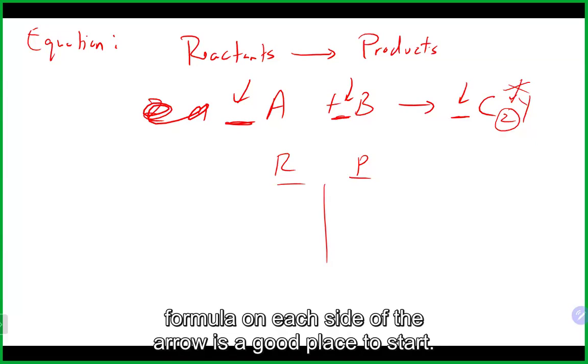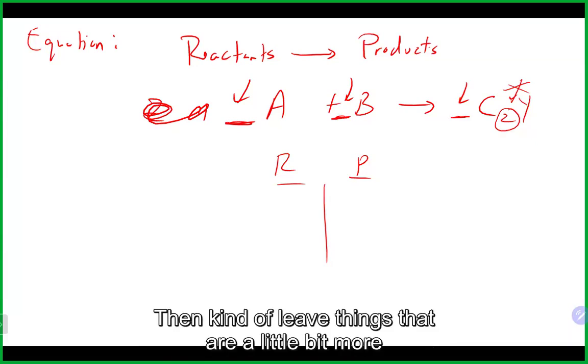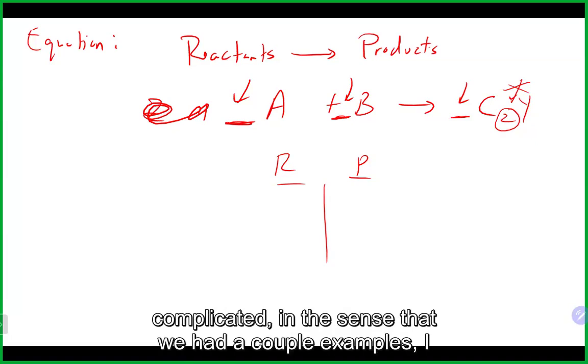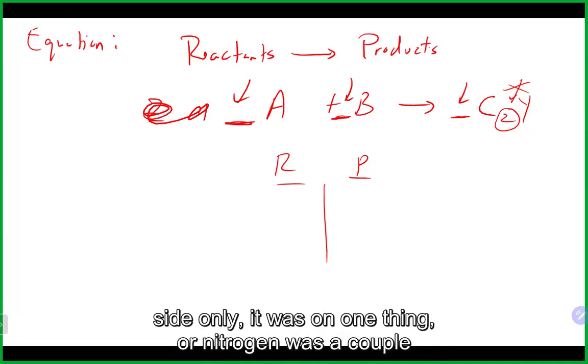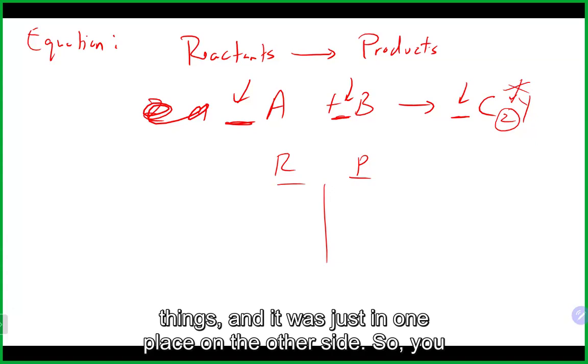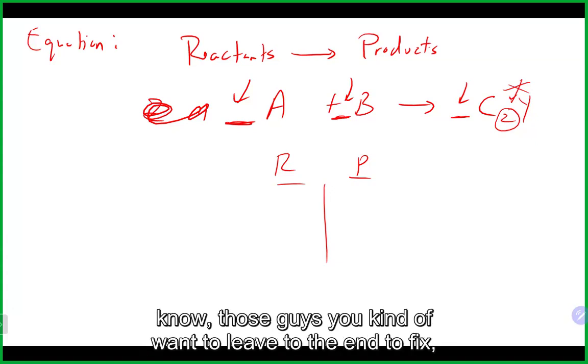Then leave things that are a little more complicated for later. We had a couple of examples where oxygen was in a couple of things but on the other side was only in one thing, or nitrogen was in a couple of things and just one place on the other side. Those you want to leave to the end to fix, and that usually works really well.